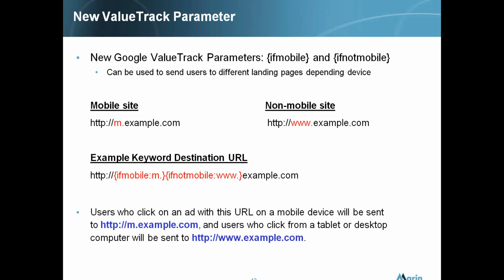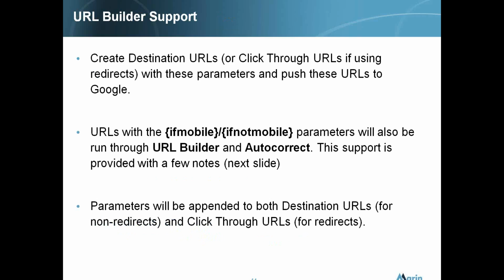So if this is a ValueTrack parameter that you're interested in using, I'll be going over how it's being supported through Marin's system, and a couple of points on what can and can't be done. So for the URL builder, we are supporting the creation of destination URLs, either through an upload in a destination URL or click-through if you're using redirects.